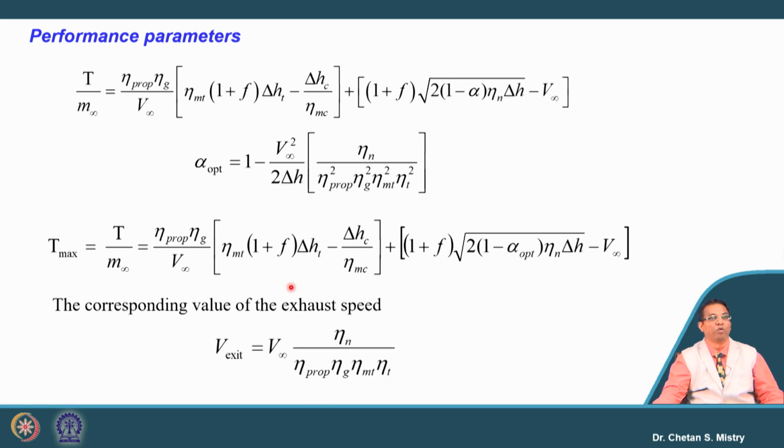Now this represents the exit velocity. If you look at all this multiplied by our V infinity, that number depends on the requirement, and you need to decide what exit velocity you are looking for.